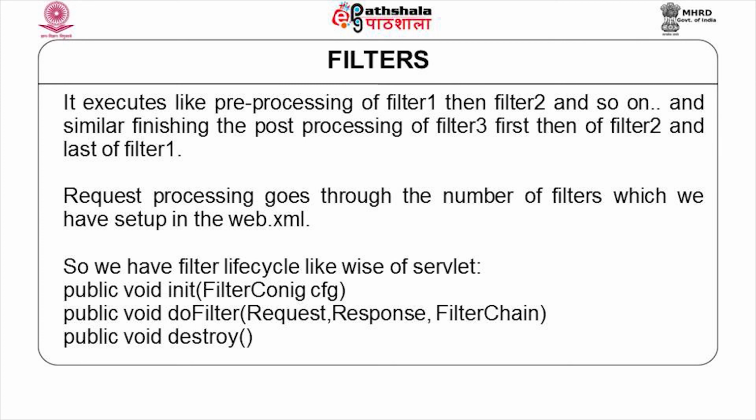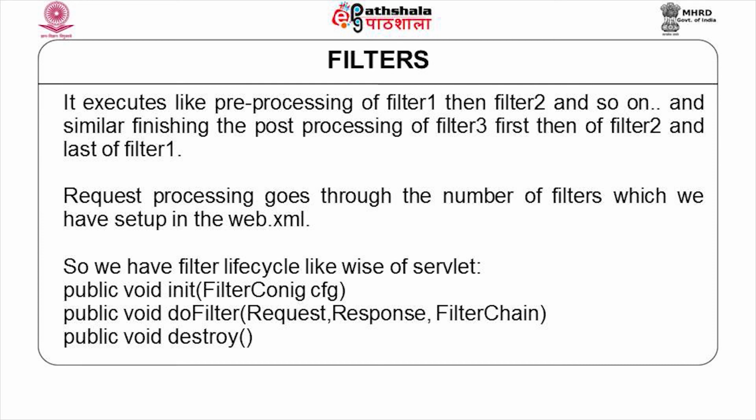A request processing goes through a number of filters, which we might have set up in the web.xml file. So, we can write our implementations of filter. As far as filters are concerned, we know there are only 3 methods: the init method with filter config, and the do filter method with 3 parameters.